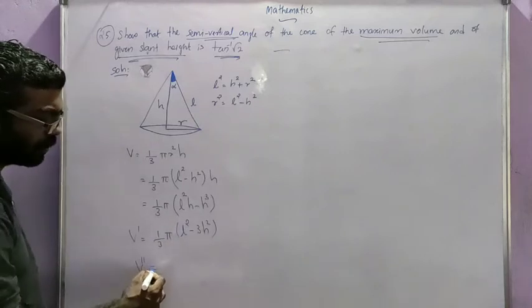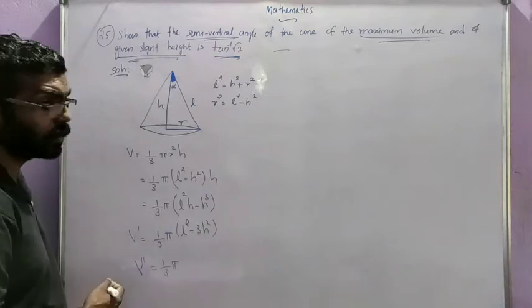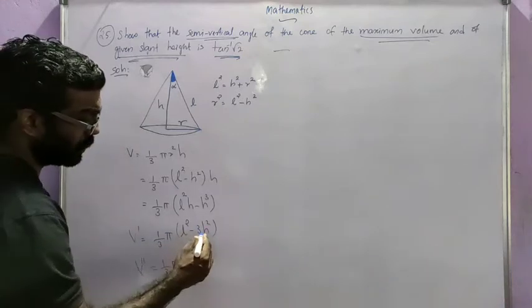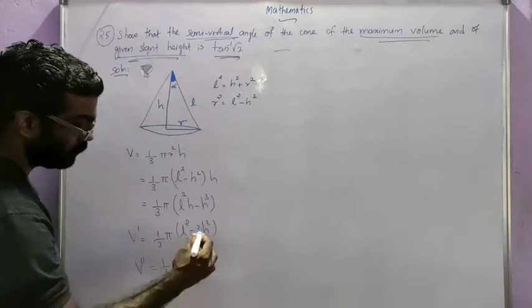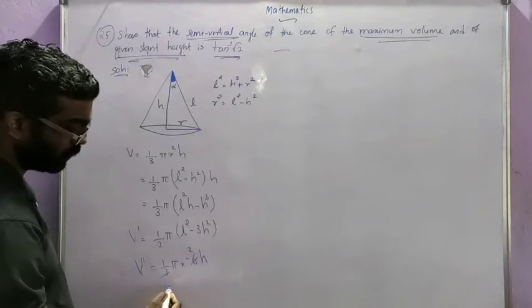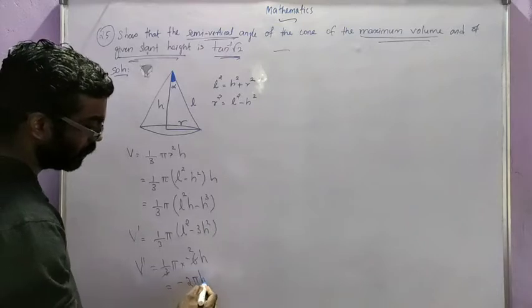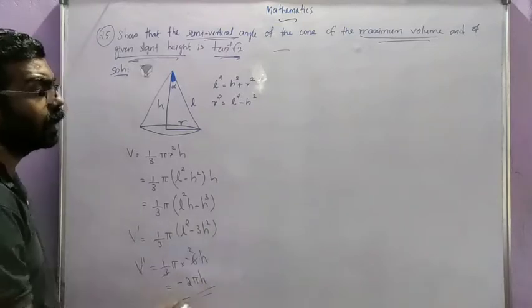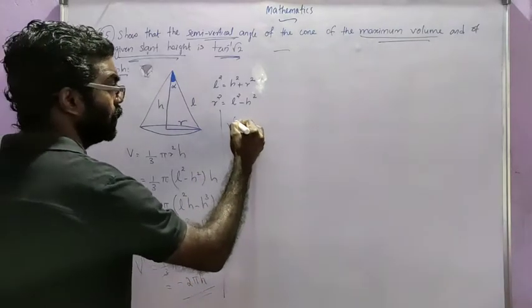V double dash equal to 1 by 3 pi into, L square derivative is 0, L square is a constant, and minus 3H square, that is minus 6H. 3 and 6 we can cancel 2, which is equal to minus 2 pi H. And now we can equate the first derivative to 0.